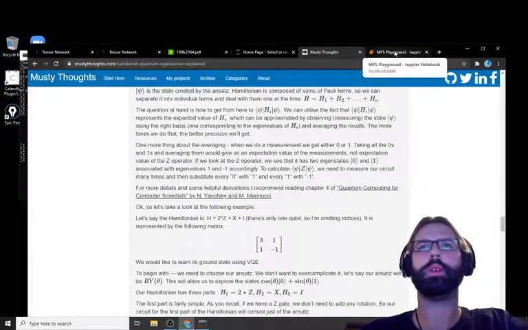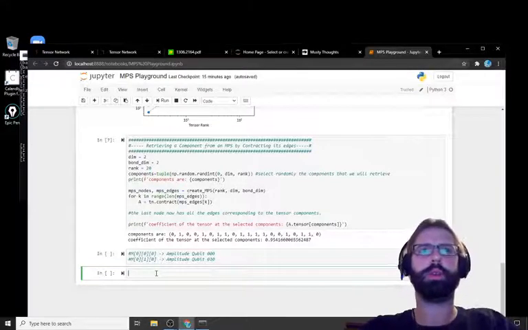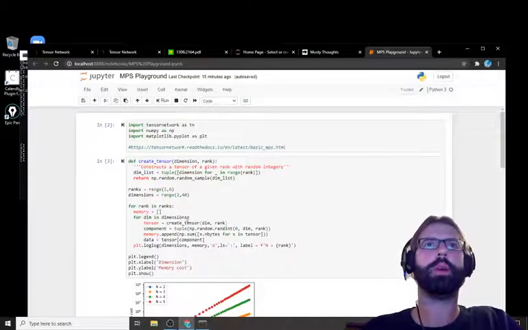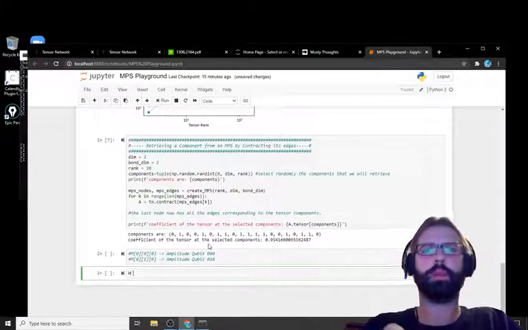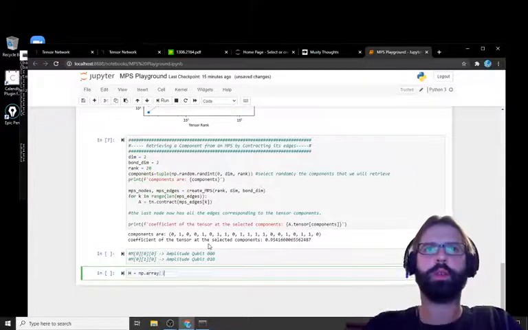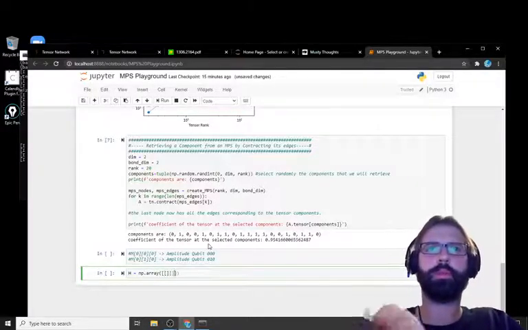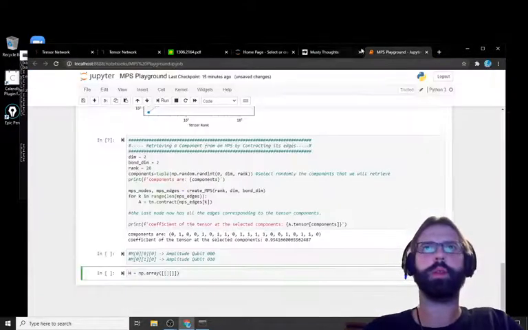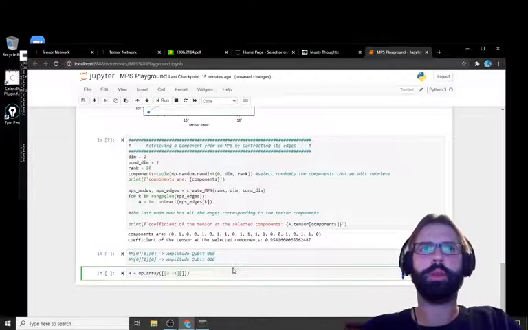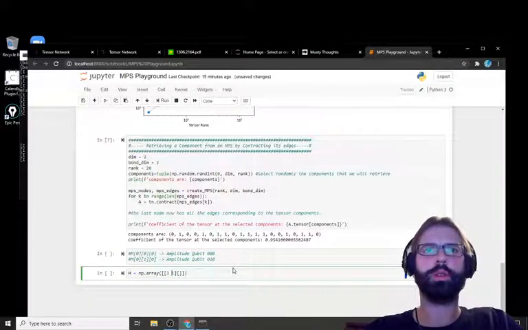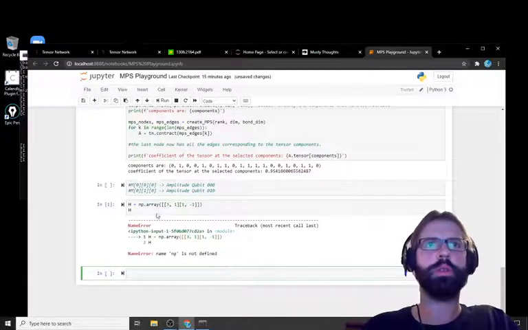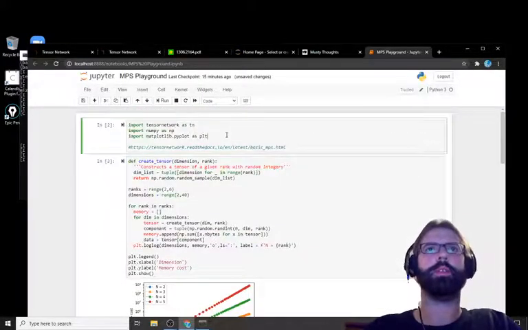Let's do this. How do I even start? I've got NumPy. So our Hamiltonian is basically an array of, what did I say it was? 3, 1, and y minus 1. 1 minus 1. Is it not defined?